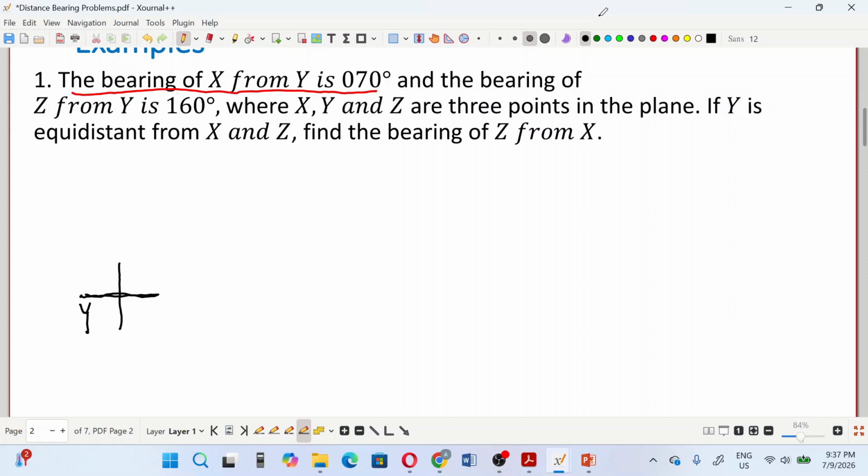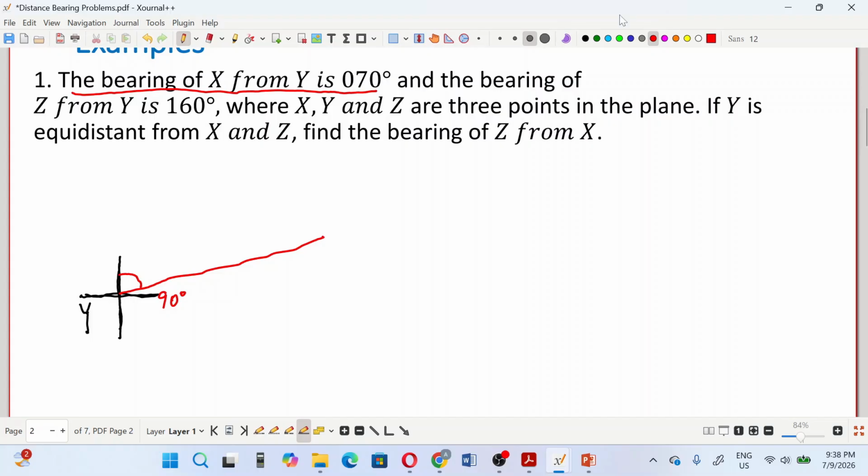And it says x from y is 70 degrees, right? And I know the first quadrant is where I will get my 70 degrees from, because this is my 90 degrees. So if I want 70 degrees from the north, it has to be more than half, right? So I open almost more than half, and I'm going to take this to be my 70 degrees.